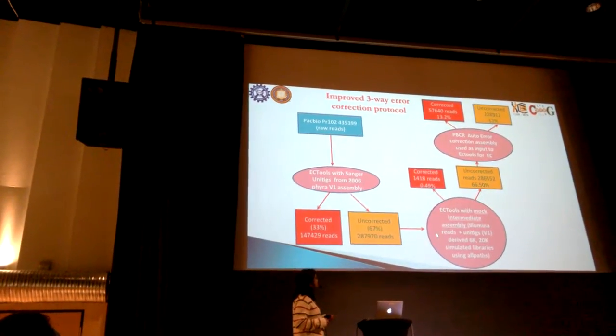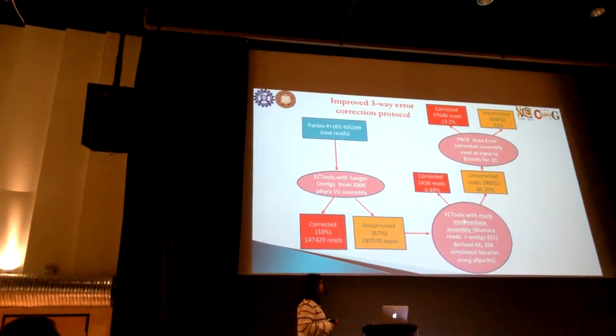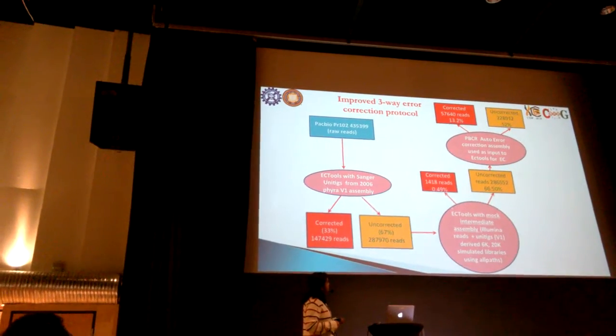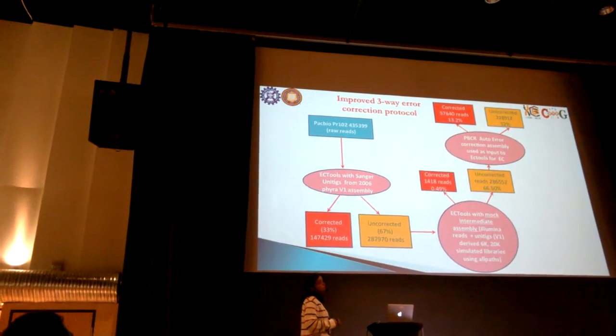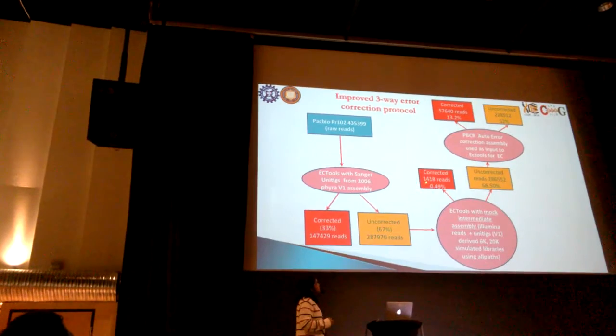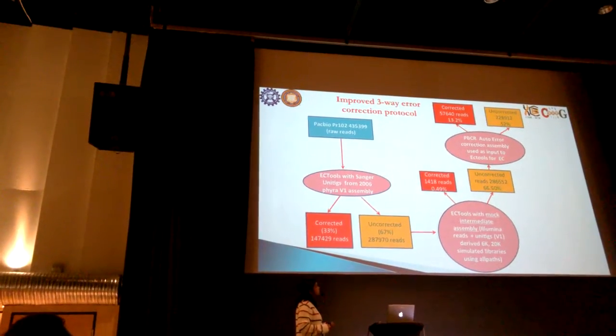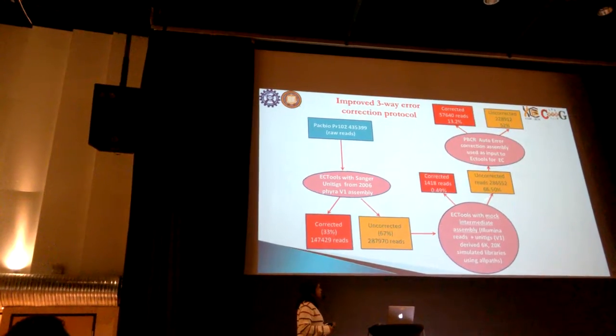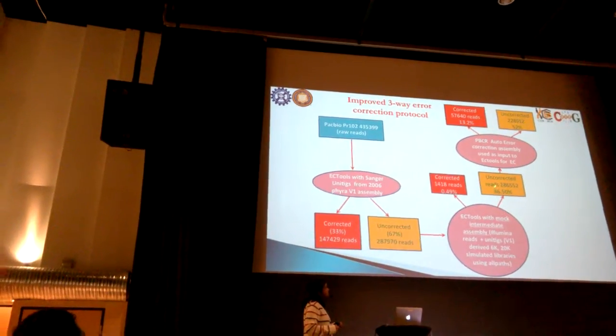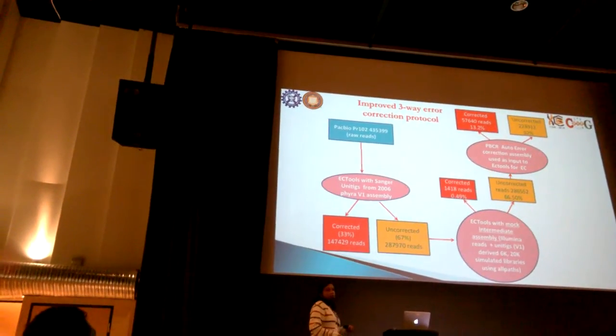This assembly was provided as a reference to EC Tools, and as you can see, we were quite disappointed because the number of reads corrected was very small, about 0.49%. So it leaves us with this many reads that we actually have to throw away.